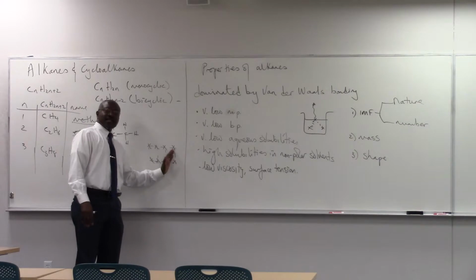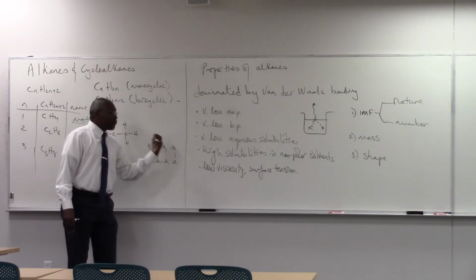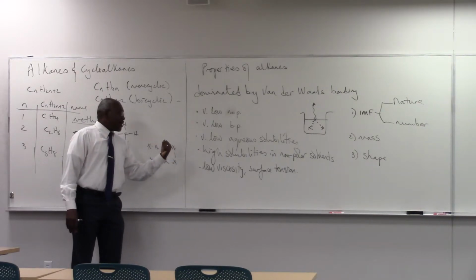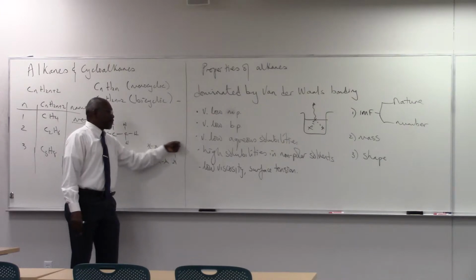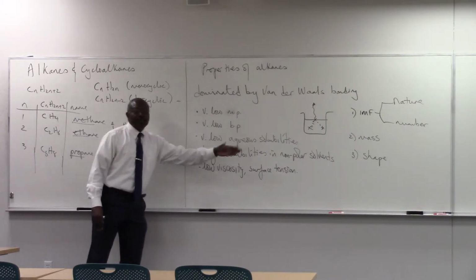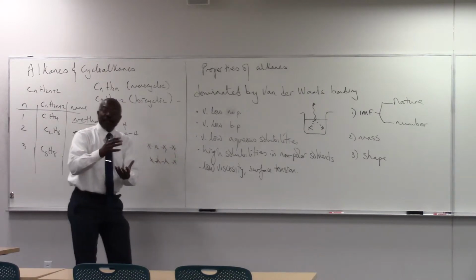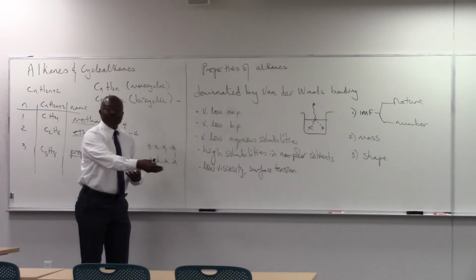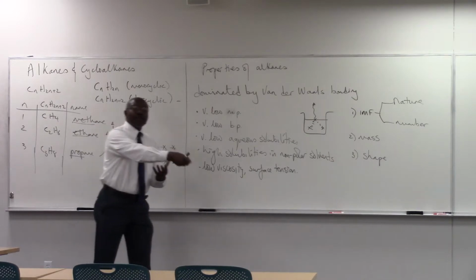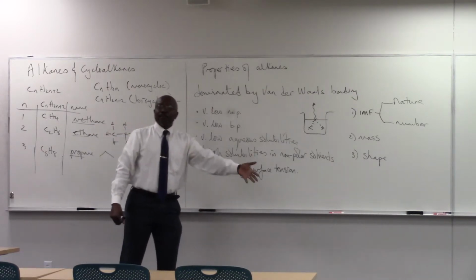So when I melt the substance, I'm increasing the mobility of the particles from just vibrating up and down, left and right, forward and back, to actually swimming through the liquid. I'm increasing the mobility. Well, the heavier I am, the more difficult I am to move. And I've got to pay more thermal energy to move me, therefore a higher melting point.